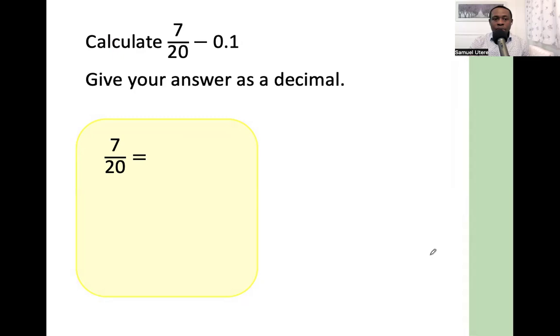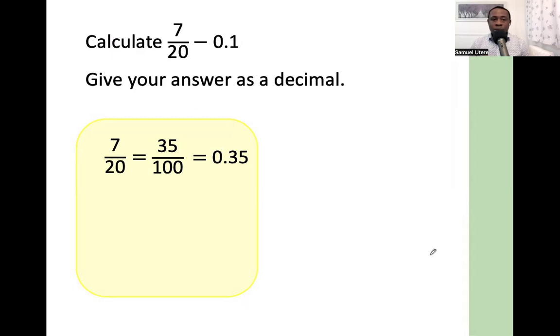Of course, if we do that, it's going to be 35/100. Why? To change 7/20 such that it has a denominator of 100, we need to multiply 20 by 5, and we need to do the same to the numerator. So 7 times 5 is 35, and 20 times 5 is 100. Now, when we do that, that will give us 0.35.